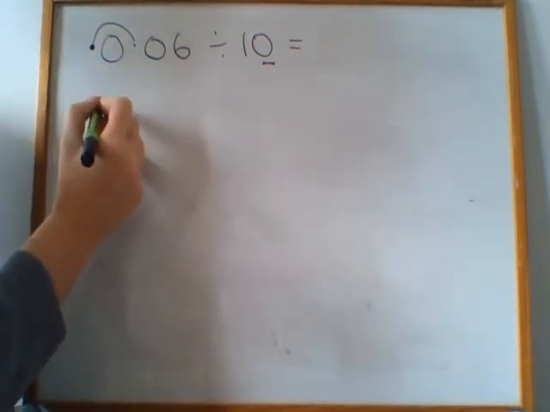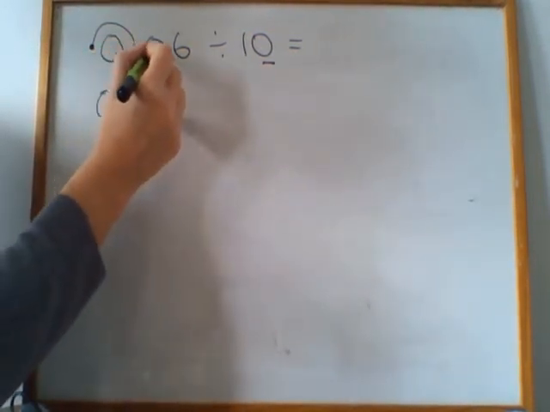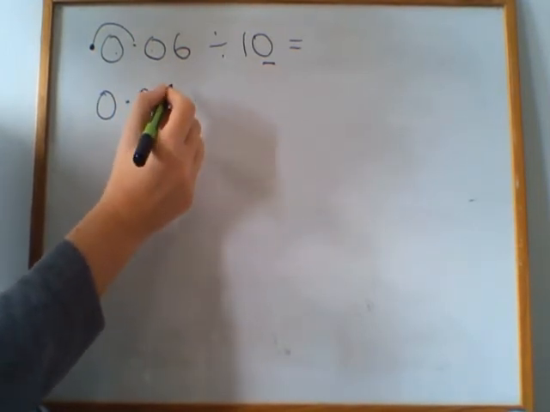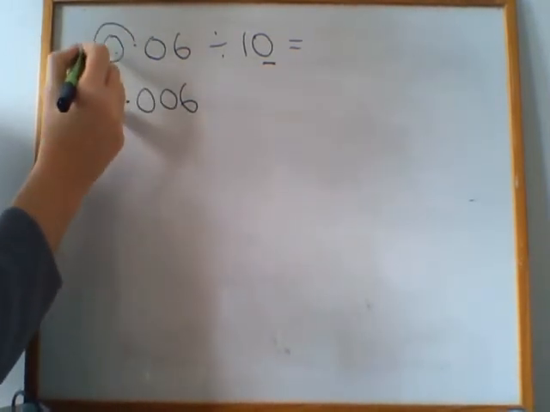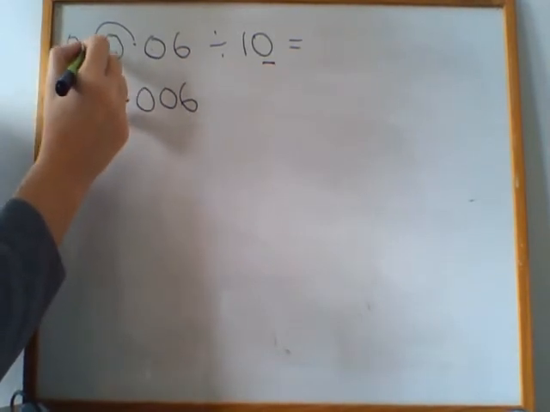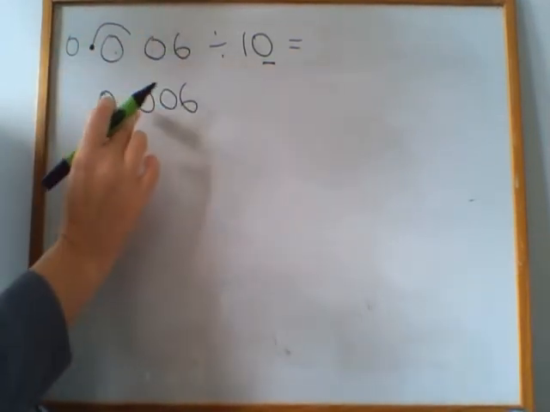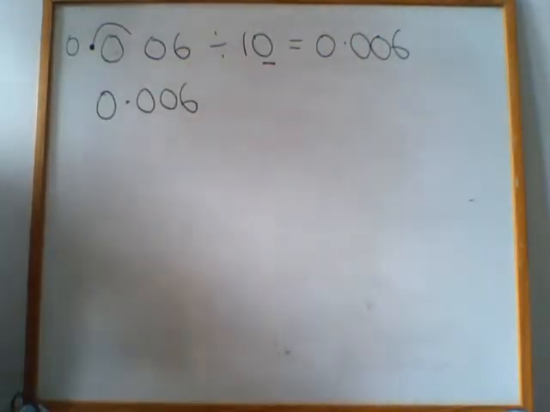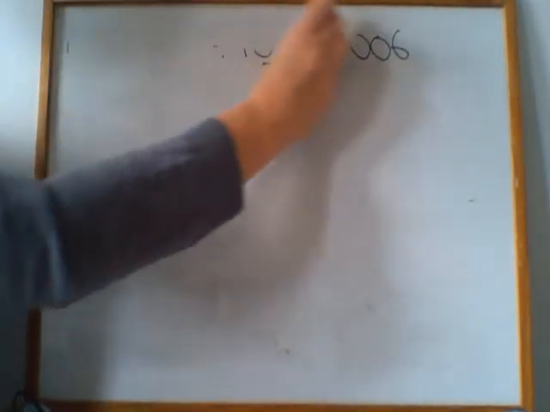So we get 0.006. Remembering, because it's division, we move it to the left, our number gets smaller, and we look at how many placeholders we have to determine how many places that moves.